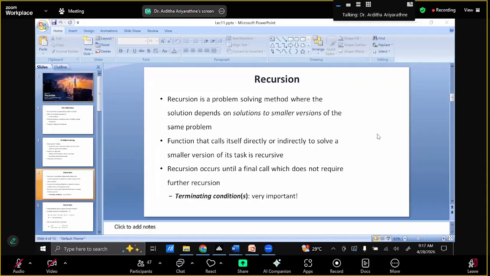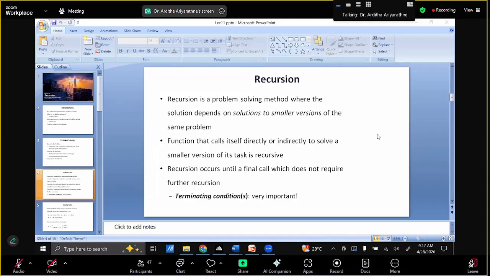Right? But there is a method of solving this type of complex problems. We can simplify the complex problem into smaller versions. Round by round, we can simplify it into very smaller versions until we reach the basic level.